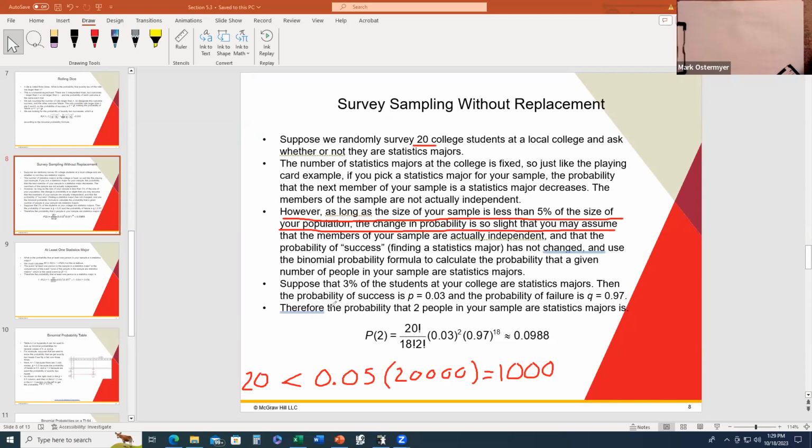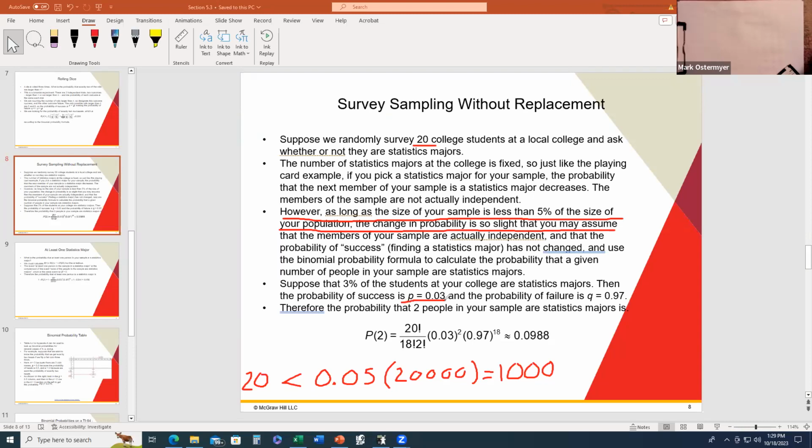All right. And so, what was the question again here? Suppose that 3% of the students at your college are statistics majors. So the probability of success of me reaching into this population and randomly selecting a student, and choosing a stats major, would be about what? 3%.